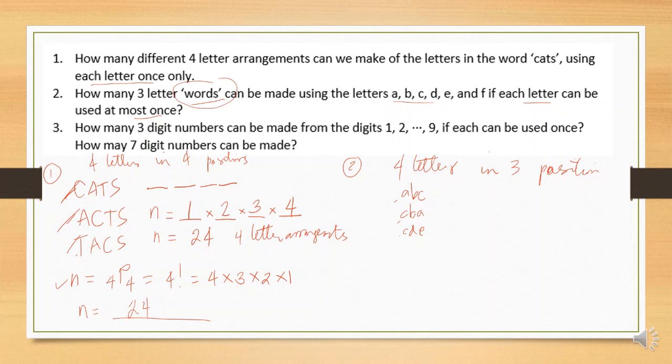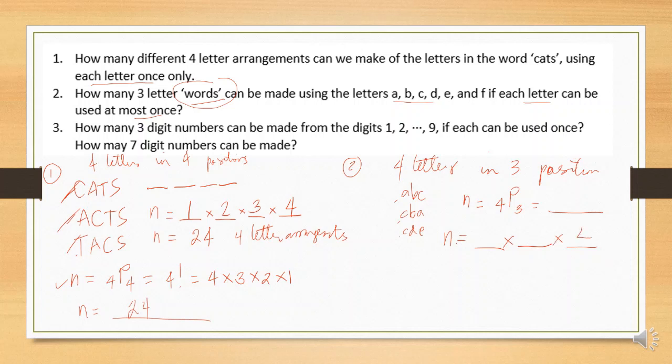So four letters in three positions, what we have discussed is that it is part of permutation. So 4 permutation 3. That is your answer. Or the fundamental, or what we call the multiplication rule, we are arranging them in three positions only.